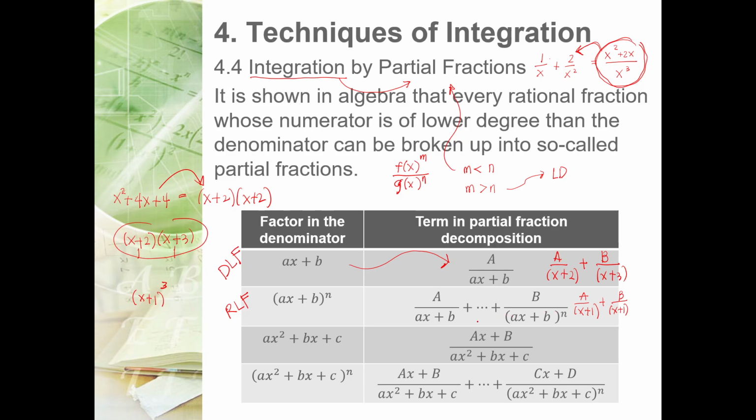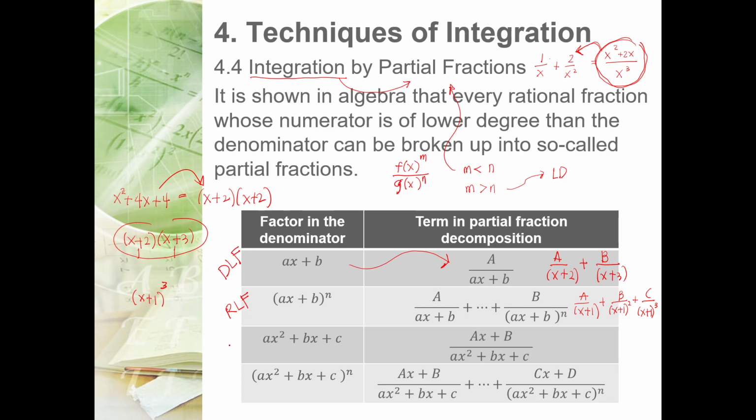Notice that we have to keep ascending until we reach the certain exponent. And lastly, plus C all over x plus 1 cubed. Okay, so that's for distinct linear factors and repeated linear factors.